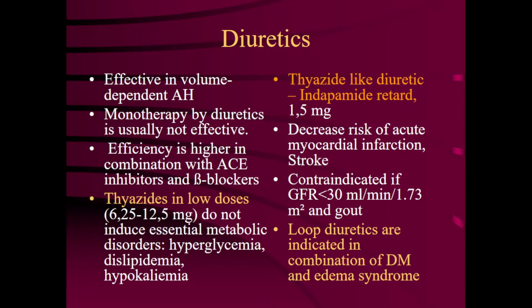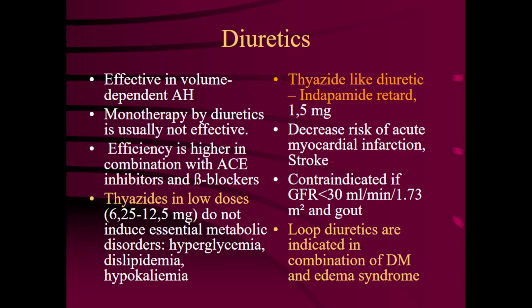Diuretics. They're also so popular as antihypertensive drugs because they can reduce the volume of circulating blood, and they're effective in volume-dependent arterial hypertension. I'd like to pay attention that nowadays we know that monotherapy by only diuretics is usually not effective or not effective enough.